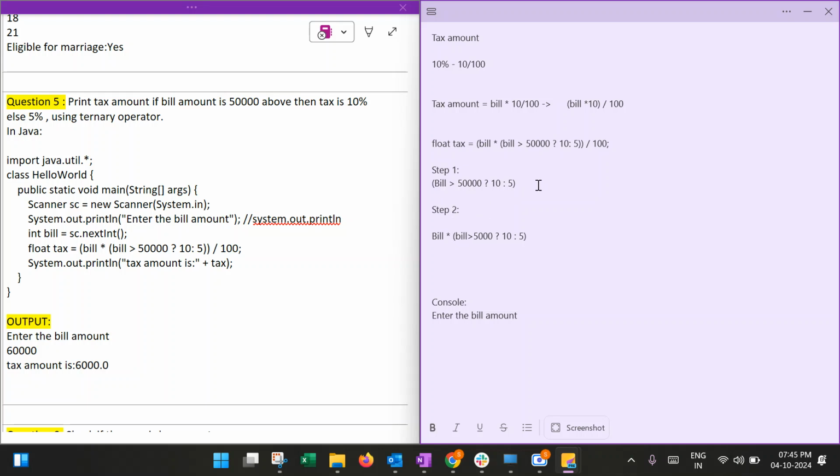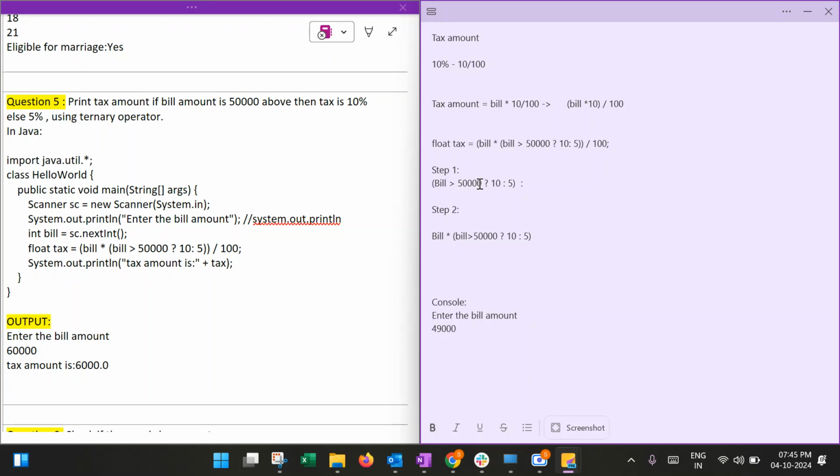So, let's assume I have entered the bill amount in the console as 49,000. Okay, I have entered like this. So, what will happen then? Here, is bill greater than 50,000?